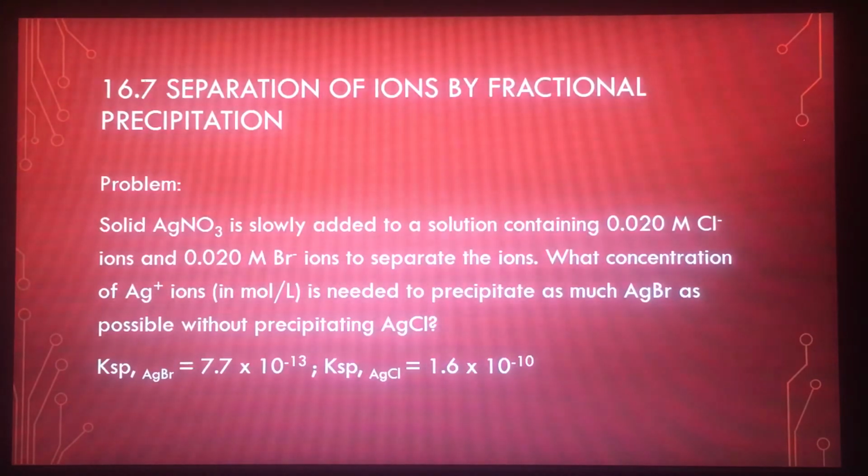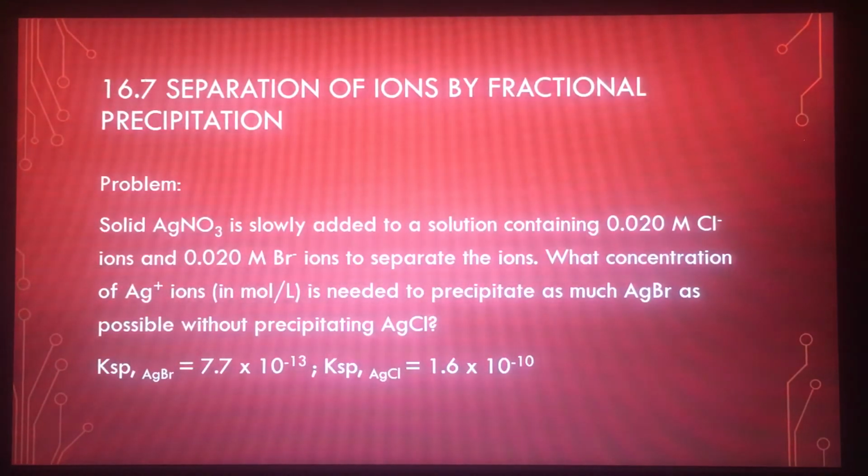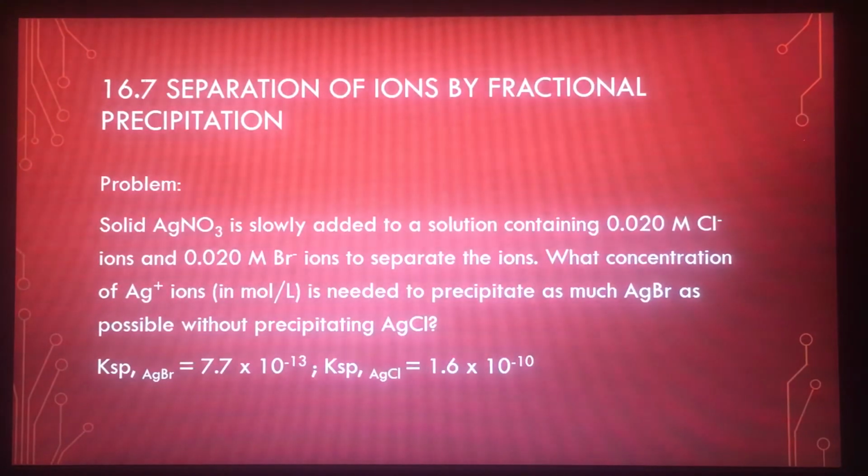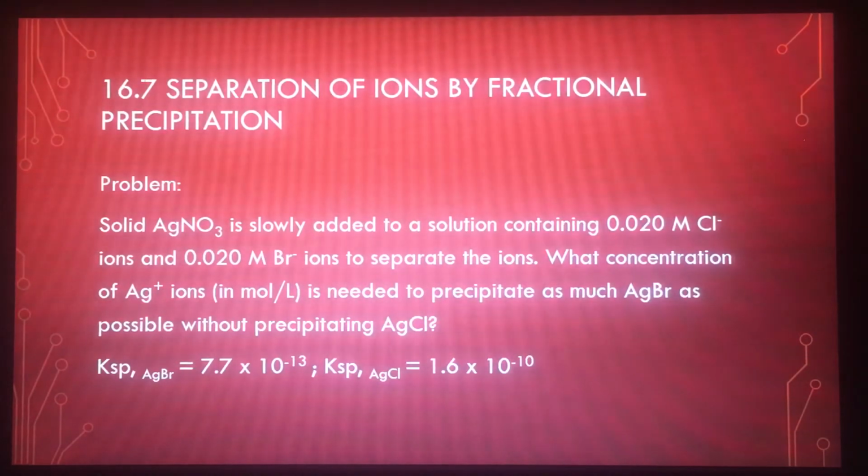So let's analyze first the problem. If we have a beaker containing these two ions, chloride ions and bromide ions, what we need is first to get these ions separately.